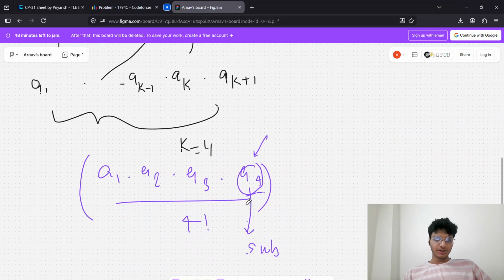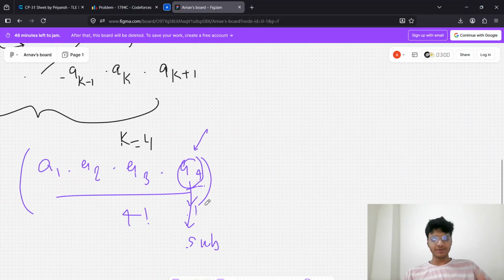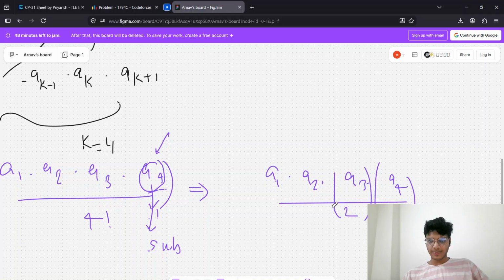We will try to take the maximum value, and we will always try to divide it by some minimum value. Why am I saying this? Because here 4 factorial will be represented as A1 into A2 into A3 into A4, so divided by 1, divided by 2, divided by 3, and then divided by 4.